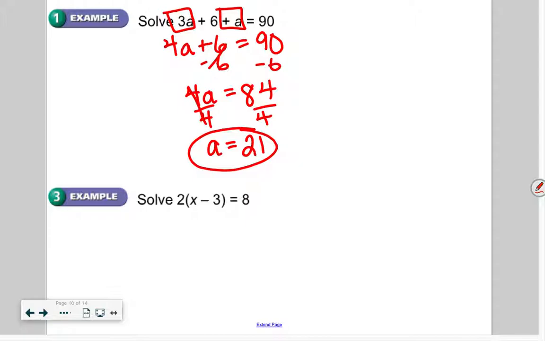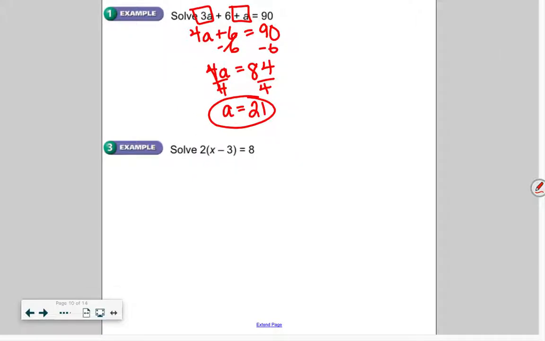Okay, how about the next example? What are we going to do here? Distributive property. 2 times x. 2 times negative 3.